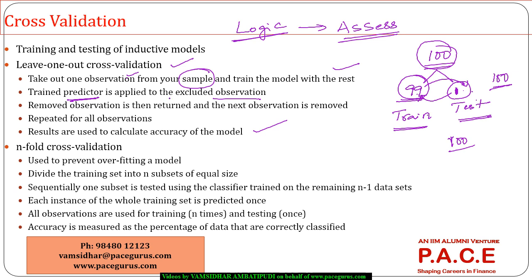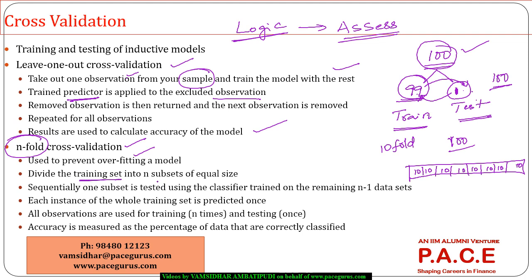But if your sample size is decently large, we have another mechanism called n-fold cross validation. With a sample of 100, I'll split it into n groups, or folds. Let's say 10-fold. That means each group will have 10 elements, so the whole 100 is broken down into groups of 10 each. This is typically used to prevent overfitting of the model.